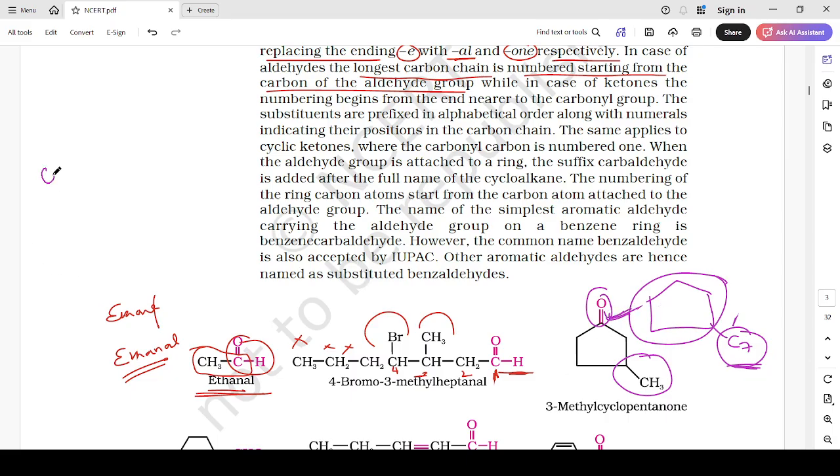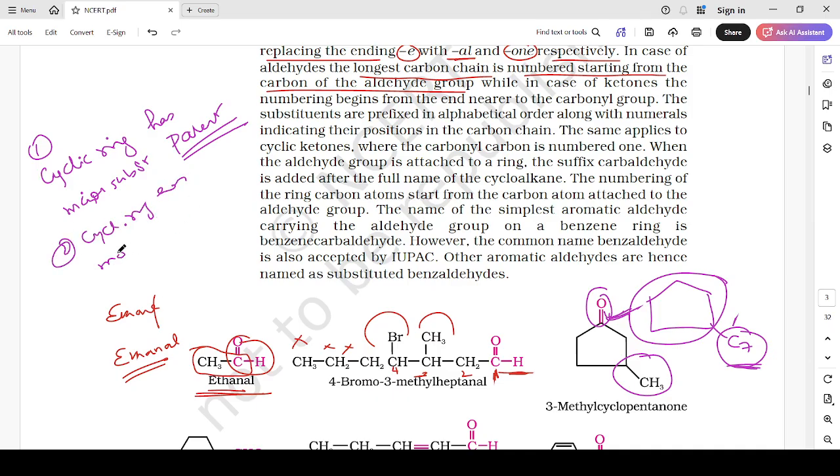So whenever your cyclic ring has a major substituent, then that should be the parent first. Whenever your cyclic ring is having more carbons, then that will be the parent again.